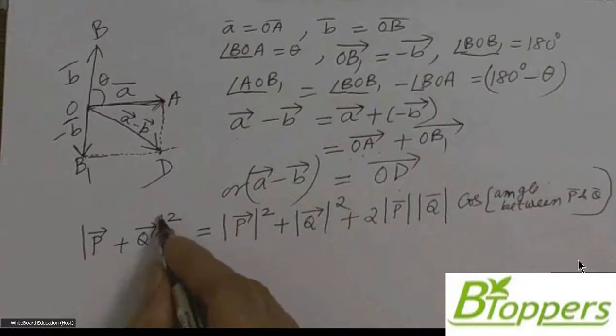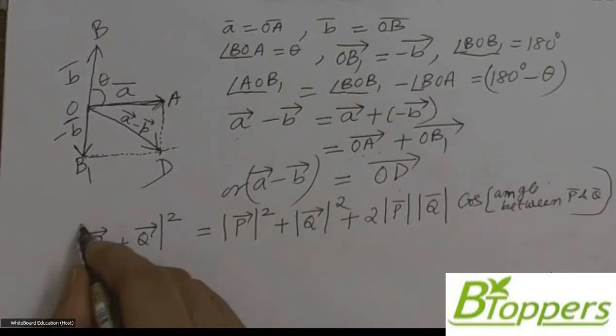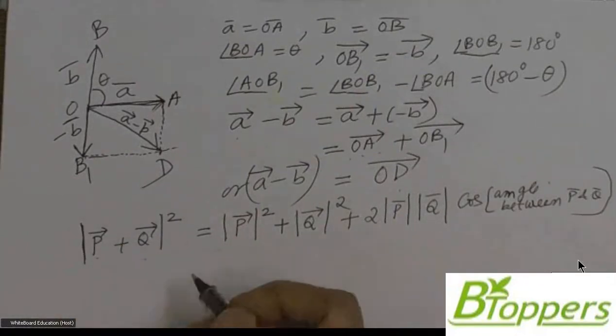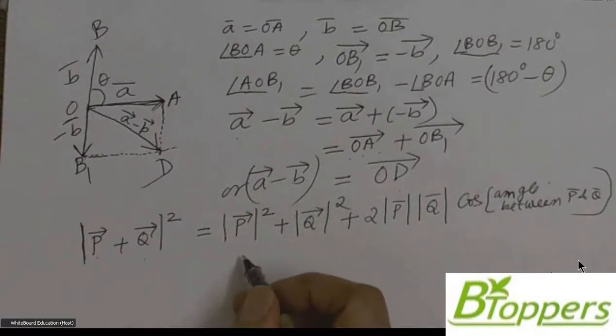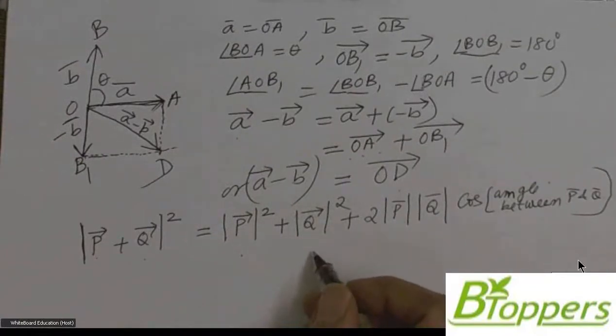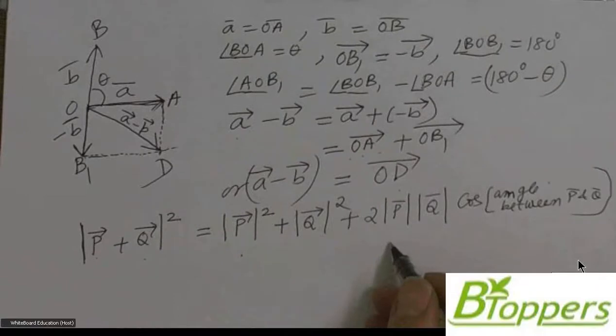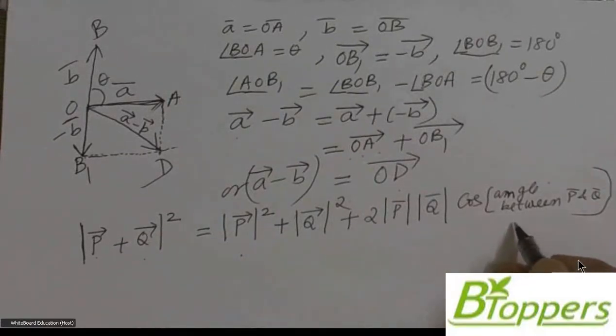So in general, the square of the magnitude of the vector sum of P bar and Q bar is equal to the square of the magnitude of vector P bar plus the square of the magnitude of the second vector Q bar plus 2 into magnitude of the first vector P bar into magnitude of the second vector Q bar into cosine of the angle between the two vectors P bar and Q bar.